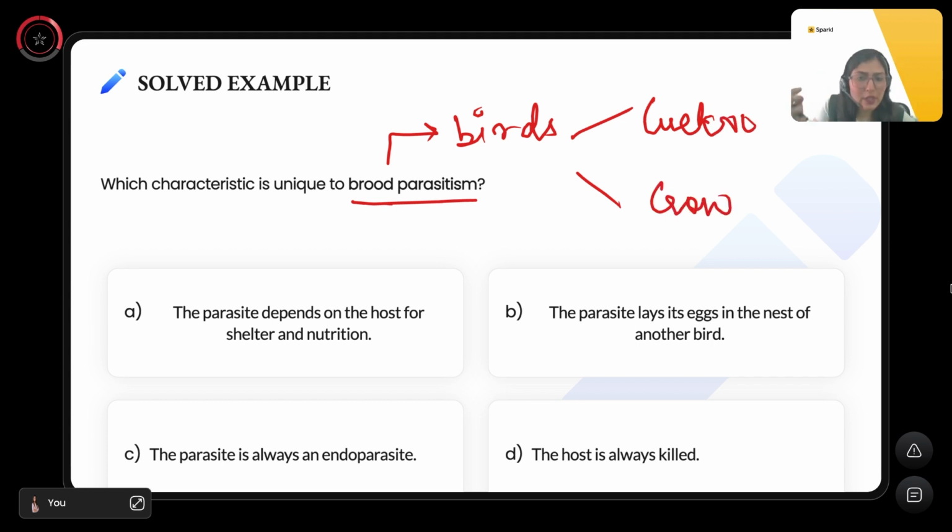So what it does, the cuckoo lays its egg inside the nest of a crow, and the crow is going to, after a point of time, nurture and nourish the eggs, the babies of the cuckoo. Okay, so यहाँ पे brood parasitism है. क्या हो रहा है यहाँ पे? One member is being benefited, the other one is being harmed.